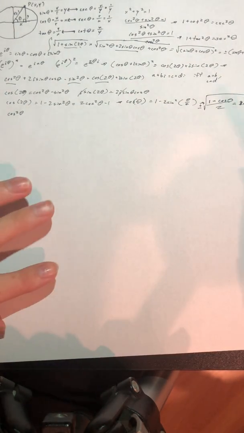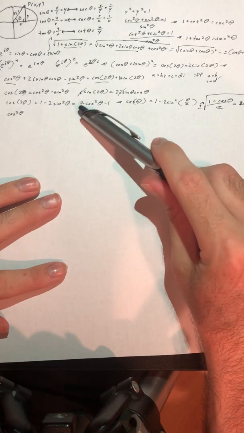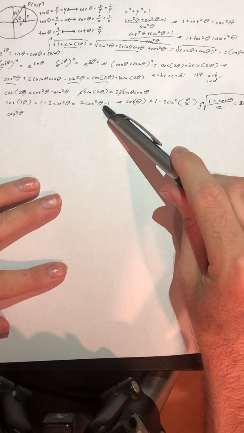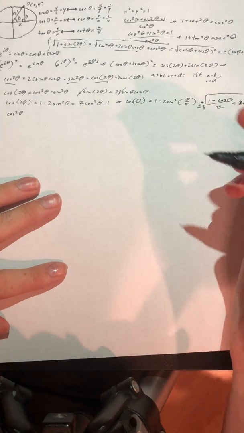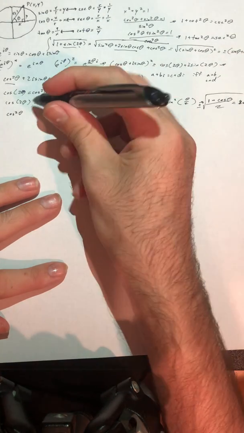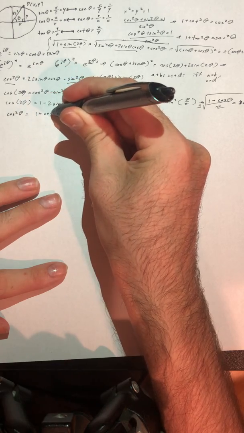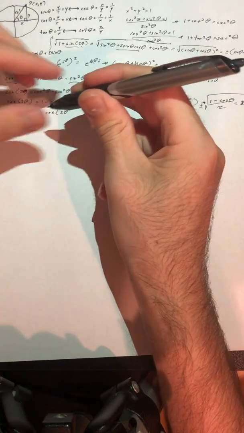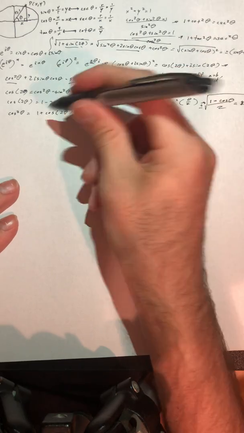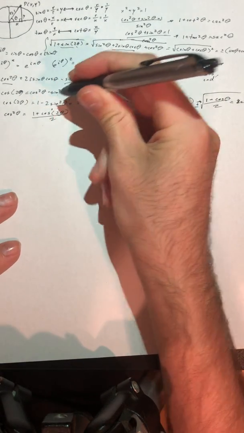Well, cosine 2 theta is equal to 2 cosine squared theta minus 1. So I'm just going to isolate cosine squared theta. That's equal to 1 plus cosine 2 theta over 2. I added 1 and then divided by 2. And see, now the largest exponent is 1.